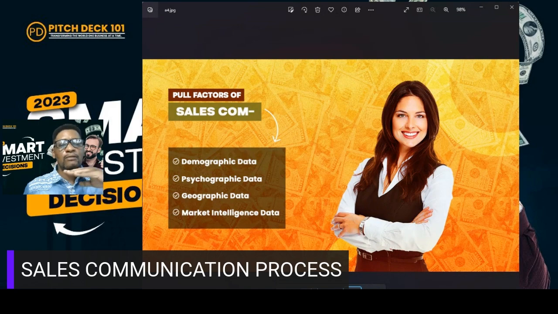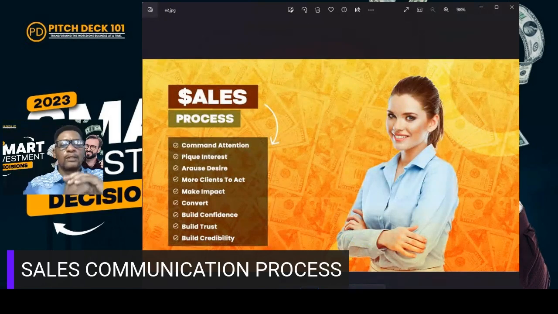Now that we have laid the groundwork, I want to talk a little bit about what I call the sales process. What is the sales process? It is the dreams, the hopes, the aspiration of the sales department that you are able to make the sale. To make the sale, first of all, you must be able to command attention. Some may say grab attention; in some of my earlier books, I say grab attention.